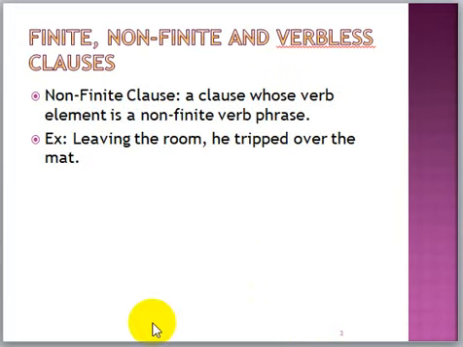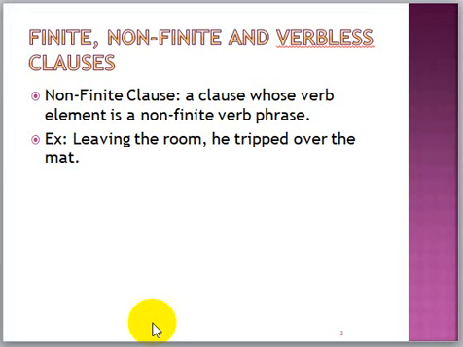Now, some forms of any given verb are referred to as non-finite. So what is meant by non-finite verbs?